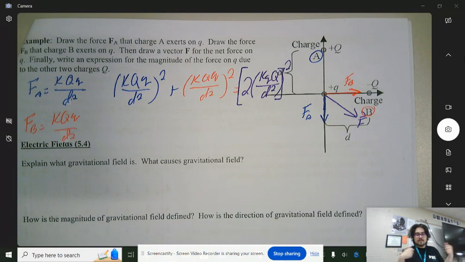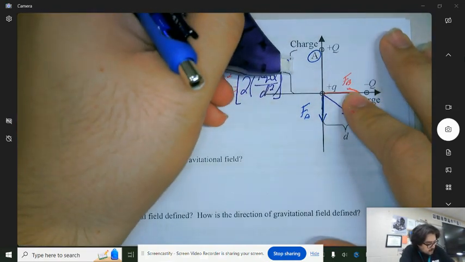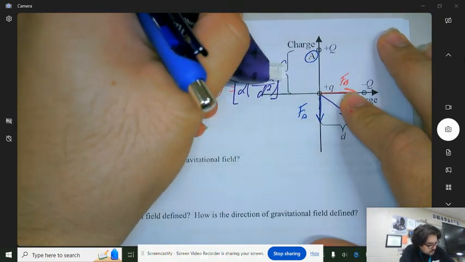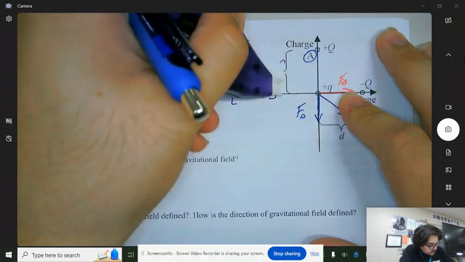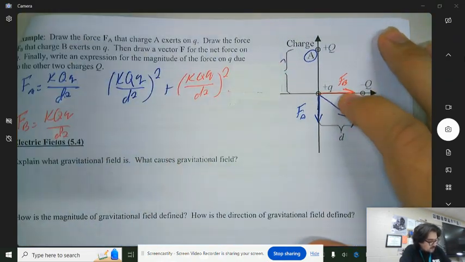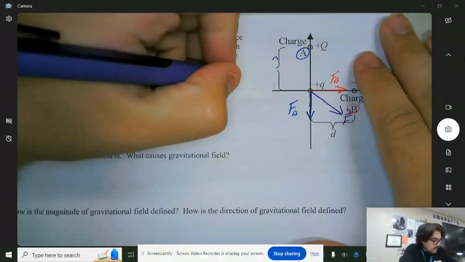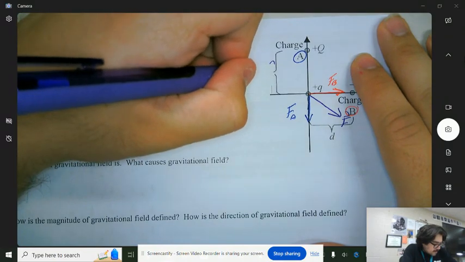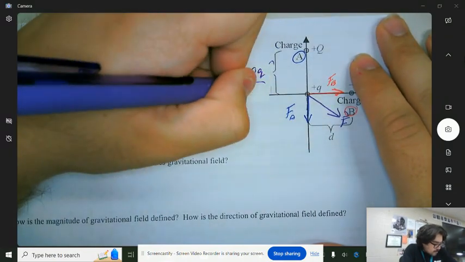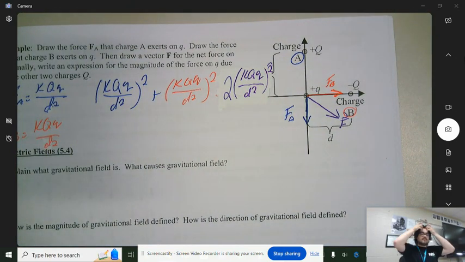I think I wrote this super complicatedly. It's just 2 K big Q little q over D squared, and that part is squared. I didn't really need the brackets.